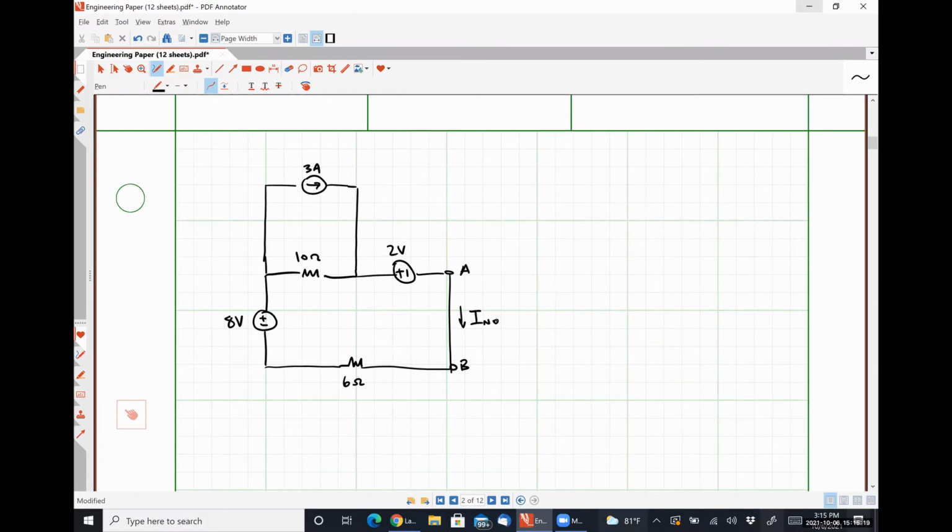So how could I go about finding my Norton current? When I am finding Thevenin voltage or Norton current, I need to be looking at the live network, which means all of my sources need to be on. Only when I am trying to determine the Thevenin resistance do I look at a dead network where the sources are turned off.